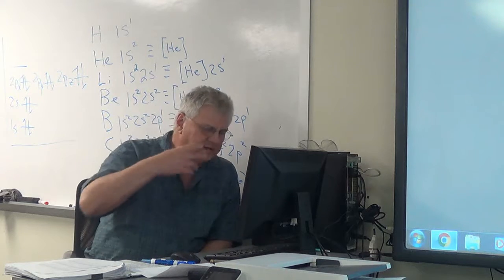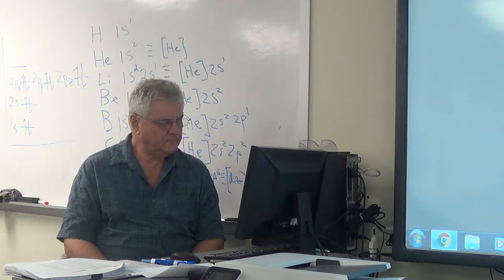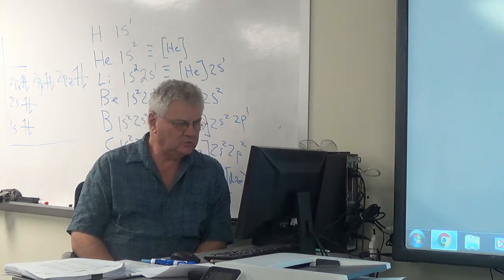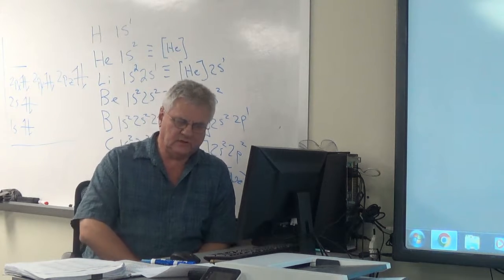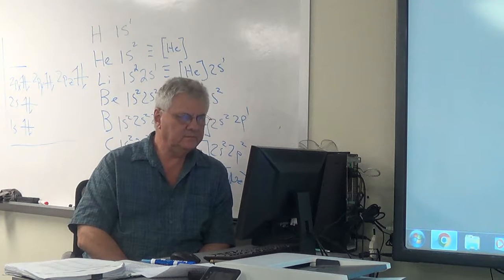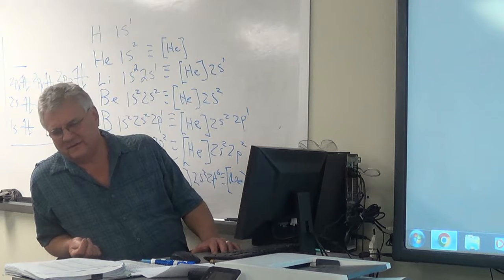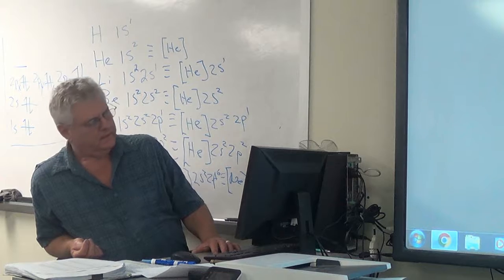Now, because electrons follow Hund's rule, and also because when there's 2 electrons in an orbital, they have opposite spin, this can have magnetic properties, even on elements that we don't think have much in the way of magnetic properties.